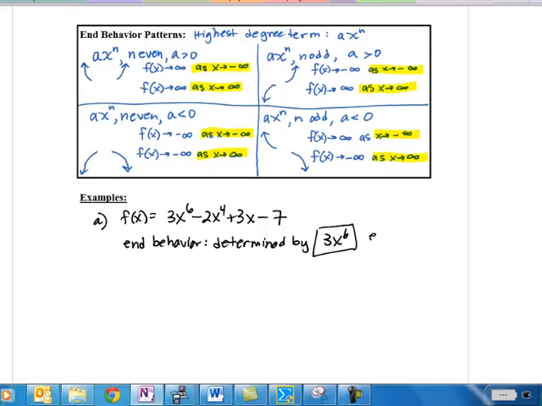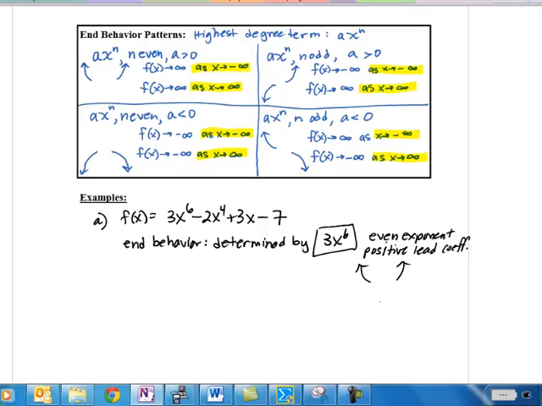There's an even exponent and a positive lead coefficient. Even exponent means it's going to be like x squared or negative x squared. Positive lead coefficient means it's going to be like positive x squared. So the picture of the end behavior is like that.